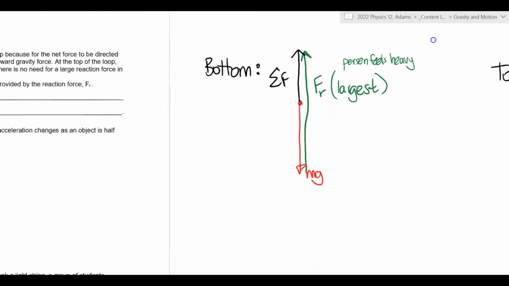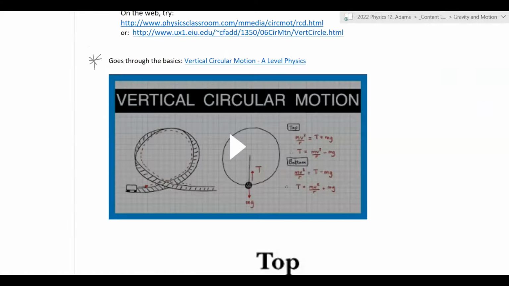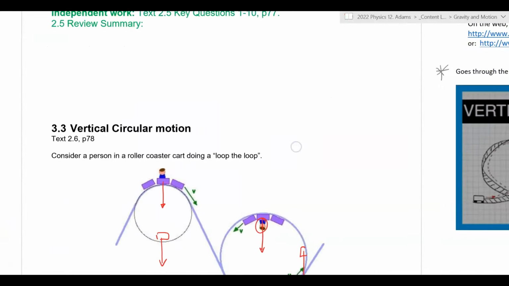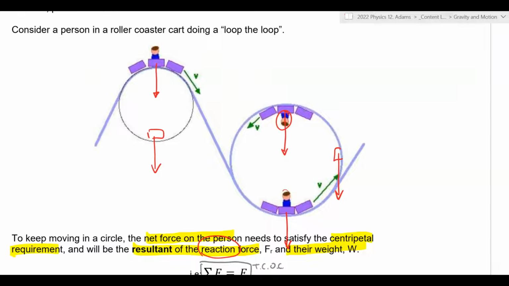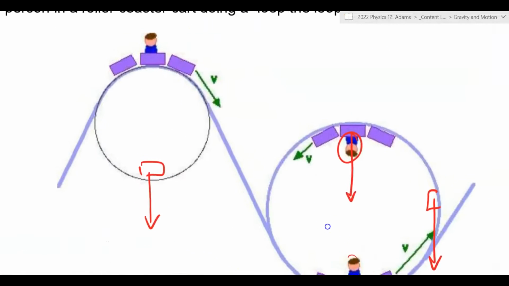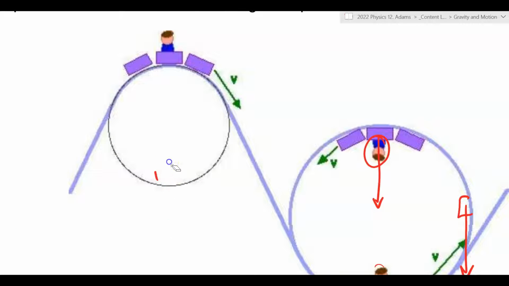Let's look at it. Actually, we will go back. My apologies. We will go back and look at the diagram and try and get some concept of that. At the top of the loop, our net force in red here needs to be this big towards the center of the circle.